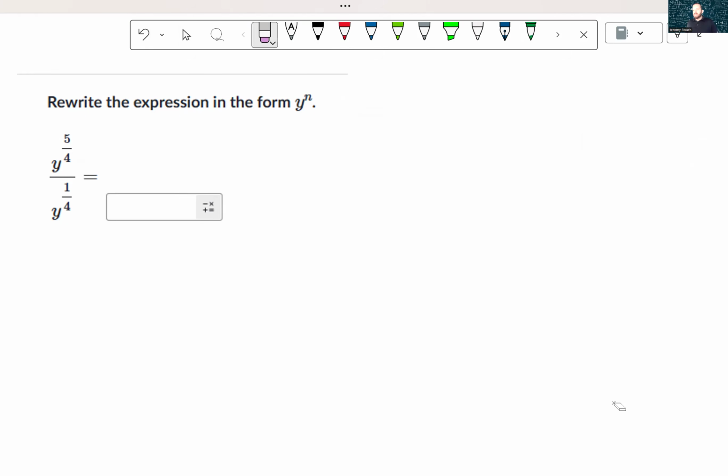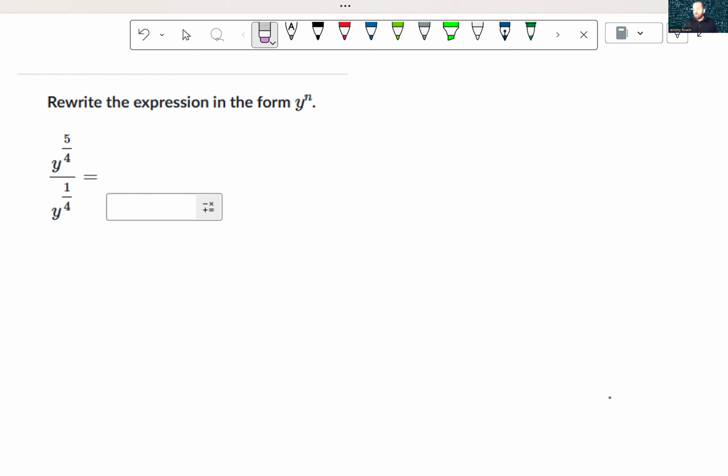So typically we want to have a positive exponent answer for our final answer. So usually we move the lowest exponent to the other side. That usually gives us a positive answer. But we can move the highest exponent to the other side also if we want to.